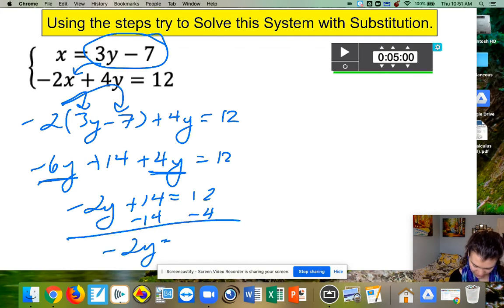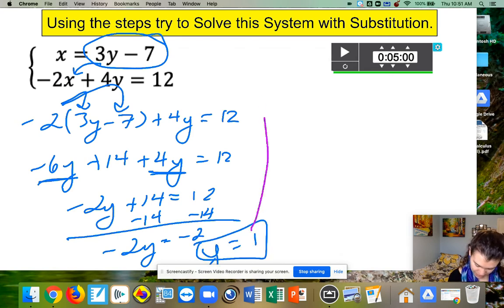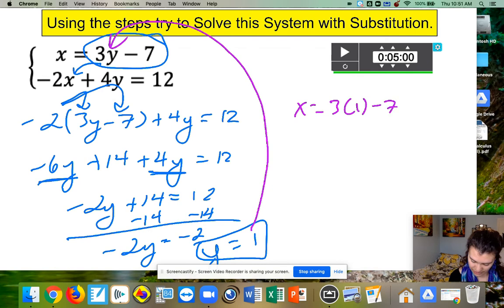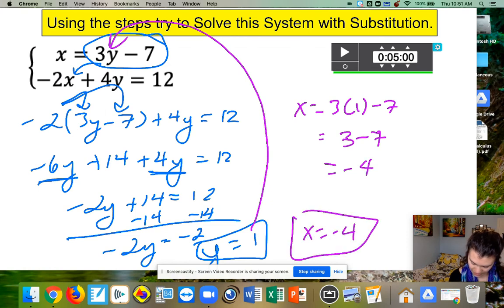Negative 2y equals negative 2, y equals 1. So we're half done. Next step, take this, plug it in up here. X is going to equal 3 times 1 minus 7, or 3 minus 7, or negative 4. So x equals negative 4. Now you have both your solutions.